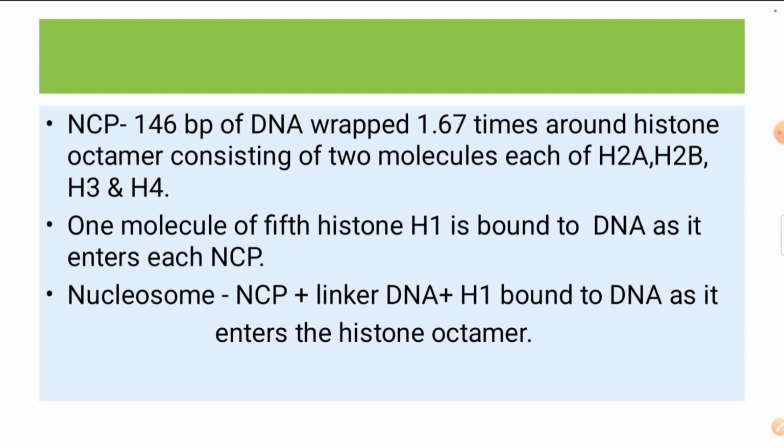The histone octamer means 2 each from H2A, H2B, H3, H4. So there are 8 histone proteins around which the 146 base pair of DNA is wrapped.